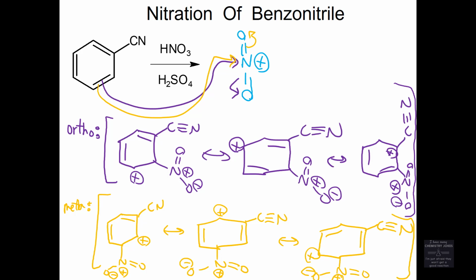They're all secondary carbocations in ortho and meta. Oh wait, actually, this one is a tertiary carbocation, but that's actually worse. What? Resonance to the rescue. It's all about resonance.